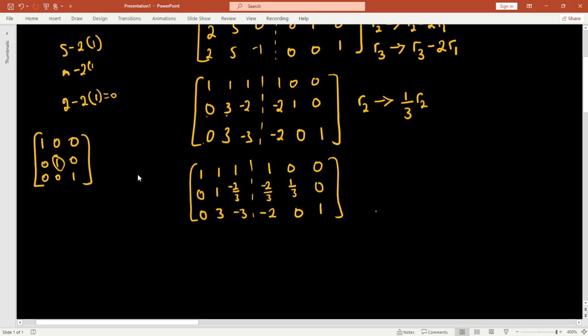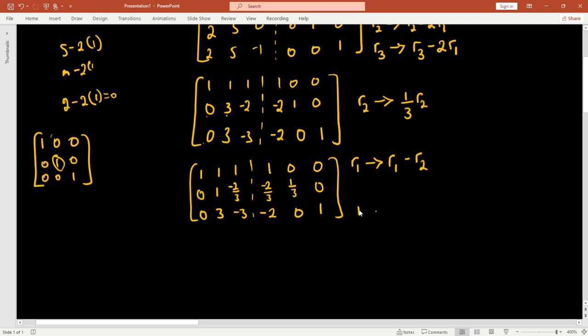We need to convert now the first entry on the first row of the second column and the second entry on the third row here. Meaning that here we're going to say row number 1, to convert that into a 0, should be equal to row 1 minus row number 2 here, so that when we say 1 minus 1, we're going to get a 0 there.